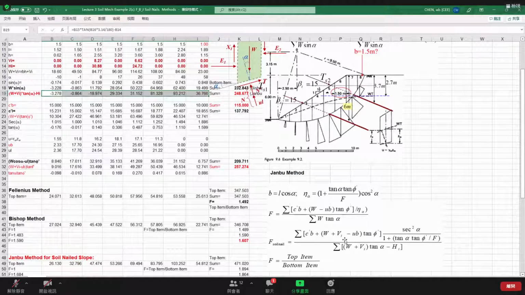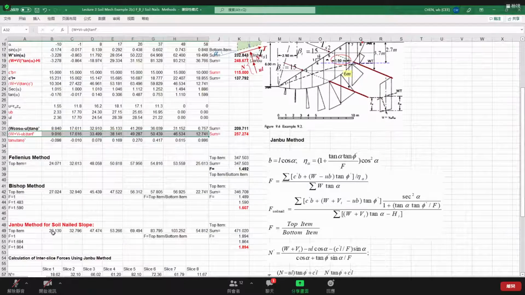And for the top item, we also need some new item here, WVI minus UB tangent phi prime, is this one, right? And finally, we can get the top item for Jambu's method with the soil nail.